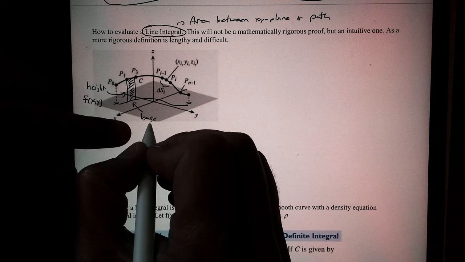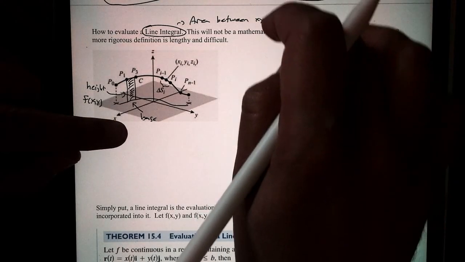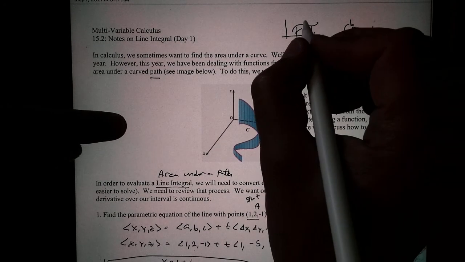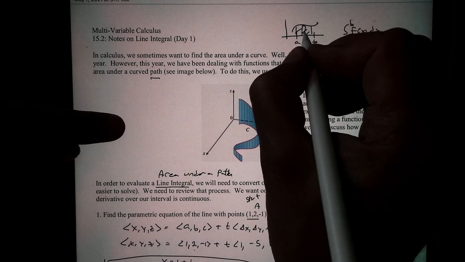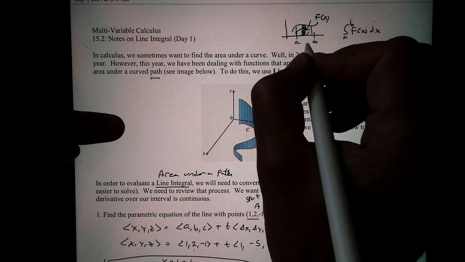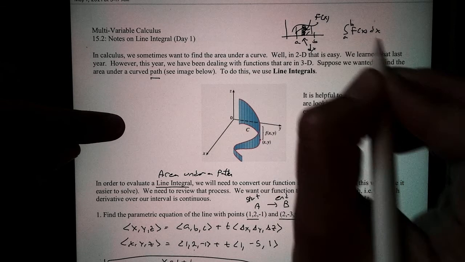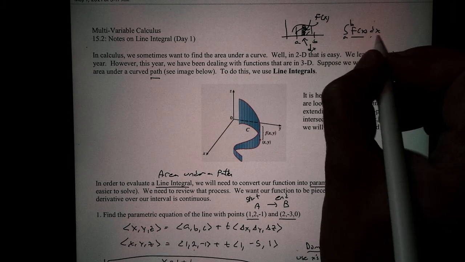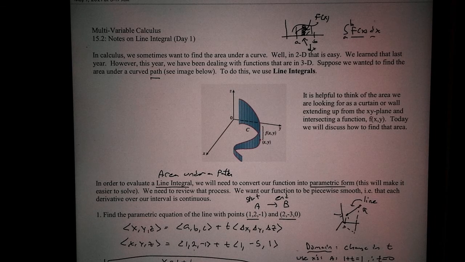This base is our problem. When we go to what we did in Calc 1, if we were to draw our rectangle, our height is f of x. Our base just deals with the change in x, hence area is height times base. And that's the area of our rectangle.